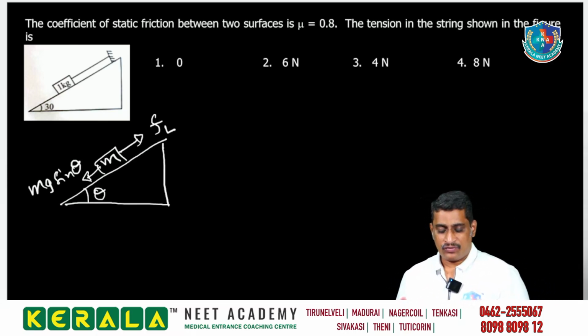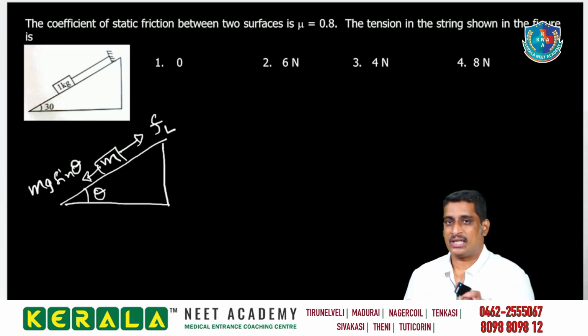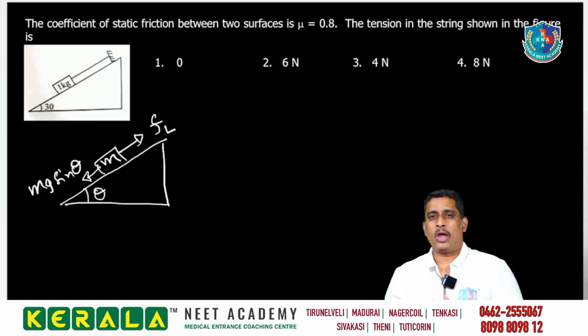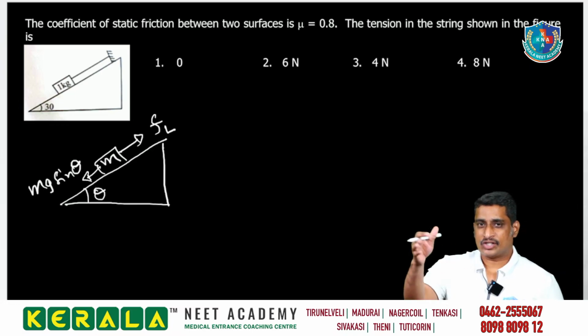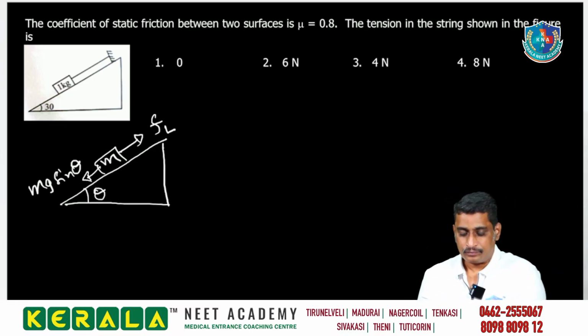If mg sin theta is less than FL, then the block does not have any tendency to slide down. For the block to slide down or accelerate downwards from rest, mg sin theta should dominate over FL.